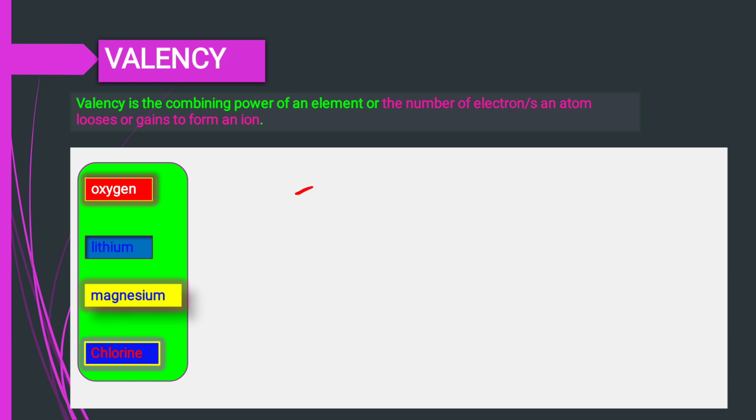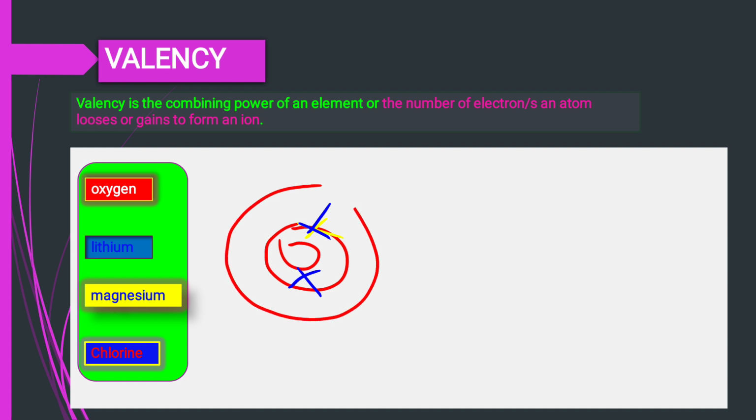We have oxygen at the middle, and then we have the first energy level that has the first electron and the second electron. When we get to the second energy level, it will have the 6 electrons. So this is the oxygen atom.